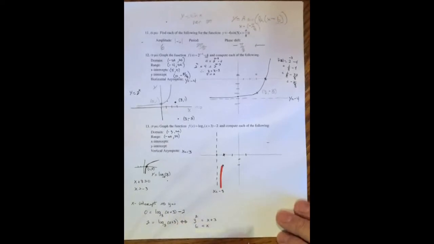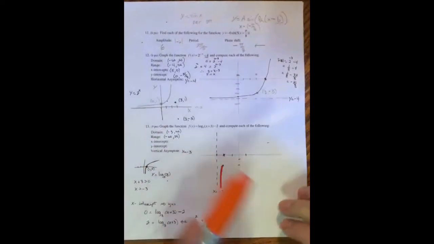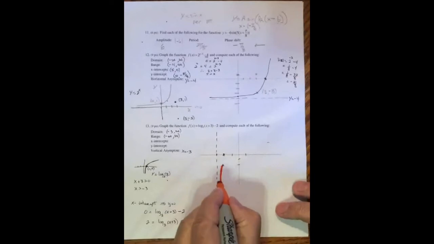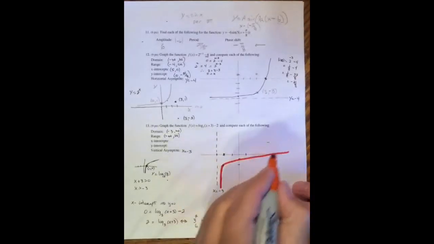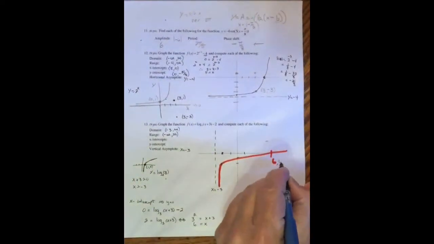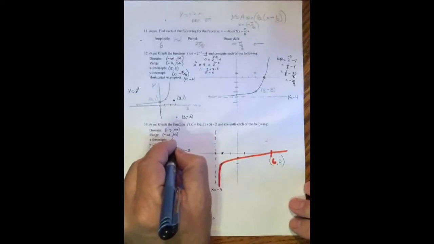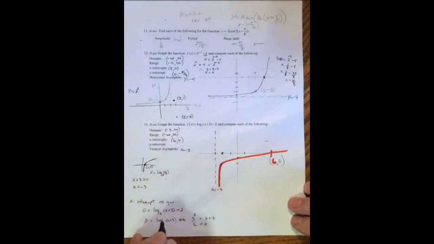We subtract 3 from each side. So that tells me this thing is going to turn and cross out here at 6. Now of course, that coordinate is 6 and 0. So the x-intercept is at 6 and 0. Okay?